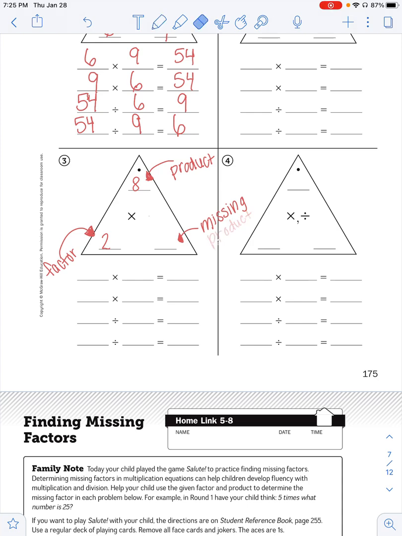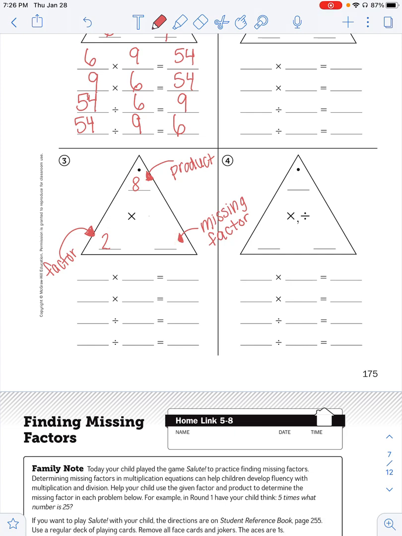What a missing factor is kind of what we just did. You have two of the numbers already, but you don't know the last factor. So I gave you the answer to the problem and I gave you one of the factors, but we don't know that other factor right here.